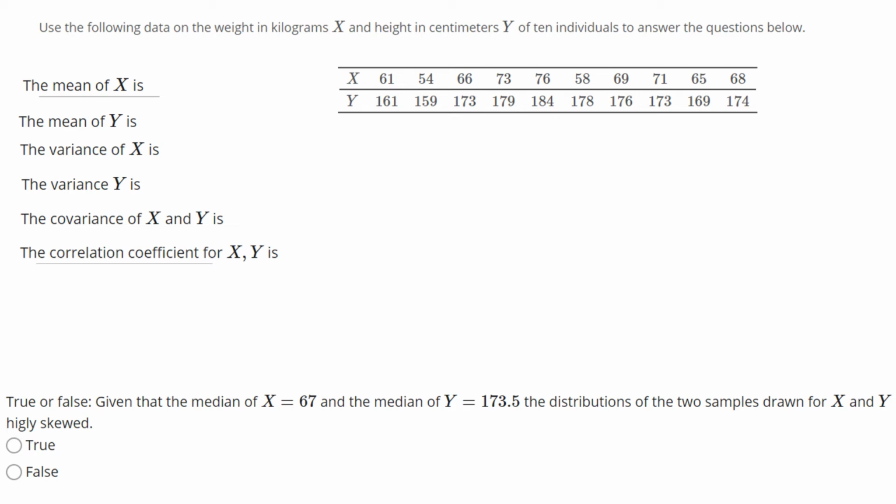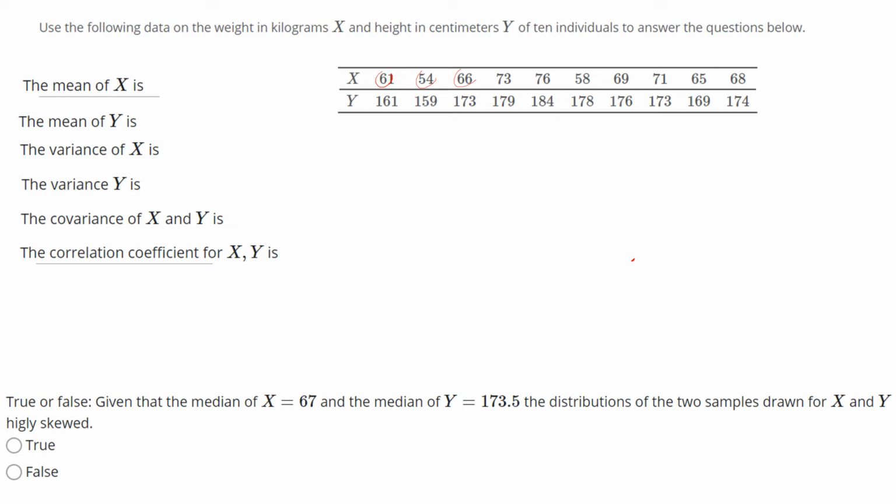First one is to find the mean of X, and to do this we use the standard definition of mean, which is the sum of xi over n. In this case, it's the sum of all these individual values divided by 10, because that's the number of values we have. Okay, and to find the mean of Y, we do the same.